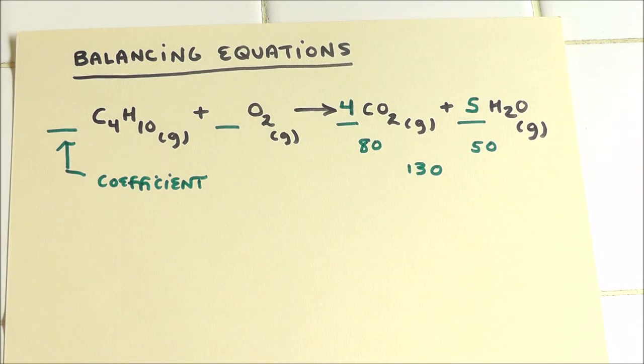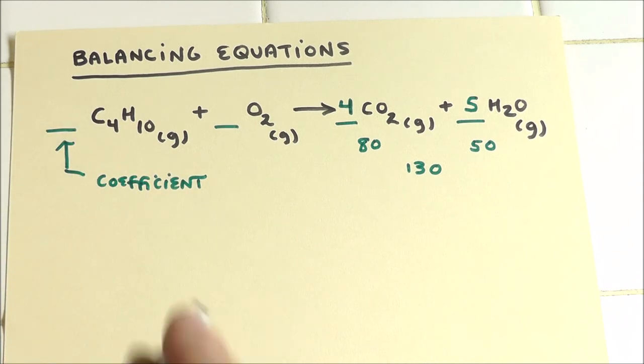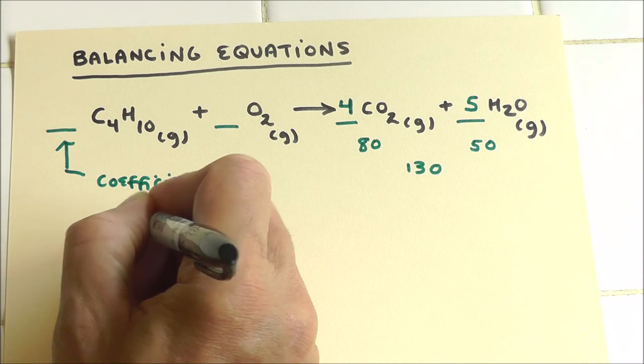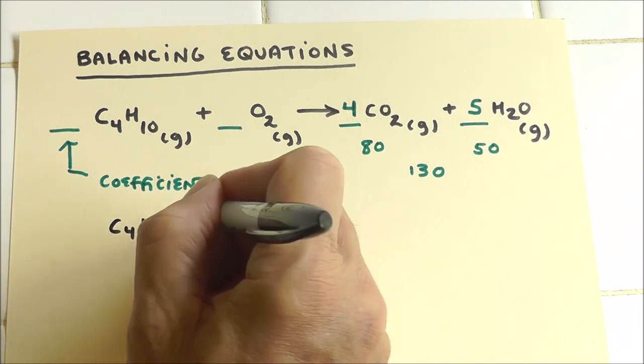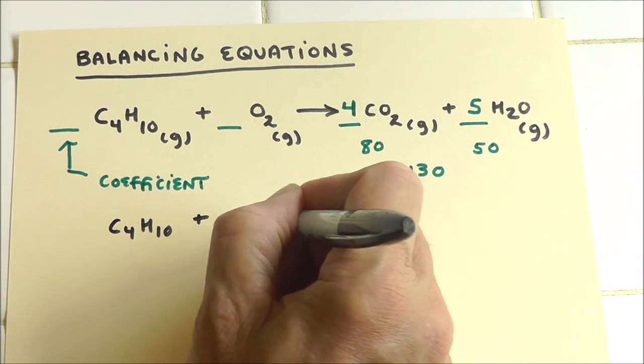And so the thing that you could do is just go and put a 2 here now. So I'm going to write this over again, or it's going to drive people nuts. C4H10. And now what I could say is I'll do it all over again, but I'm going to now put a 2.